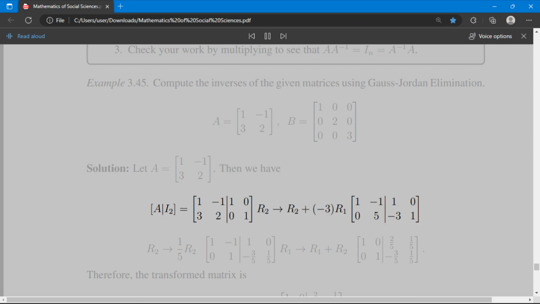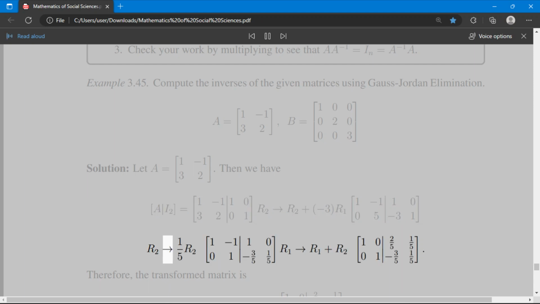Then we have A I2 equals 1 1 3 2 1 0 0 1, R2 rightward arrow R2 plus 3 R1, 1 1 0 5 1 0 3 1. R2 rightward arrow 1/5 R2, 1 1 0 1 1 0 3/5 1/5, R1 rightward arrow R1 plus R2, 1 0 0 1 2/5 1/5 3/5 1/5.